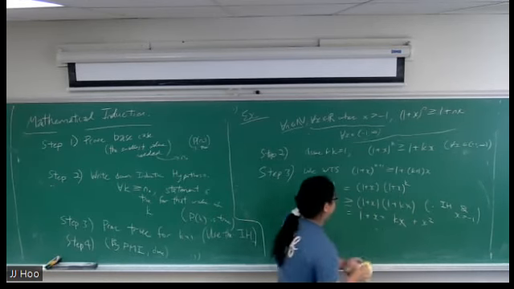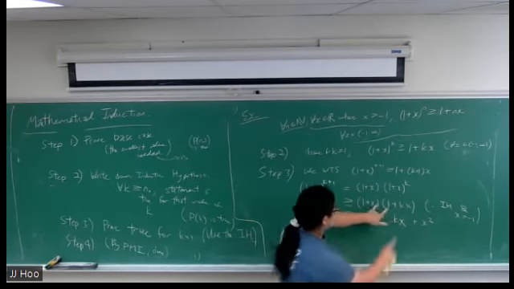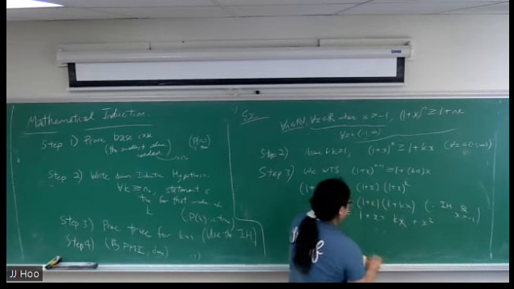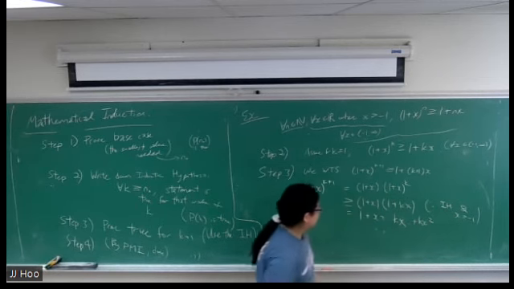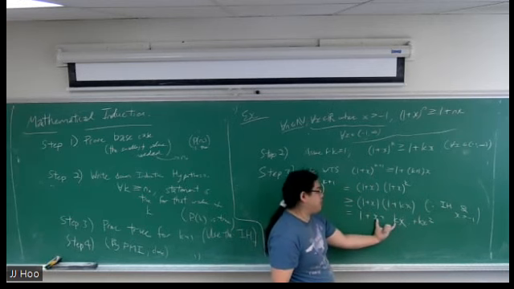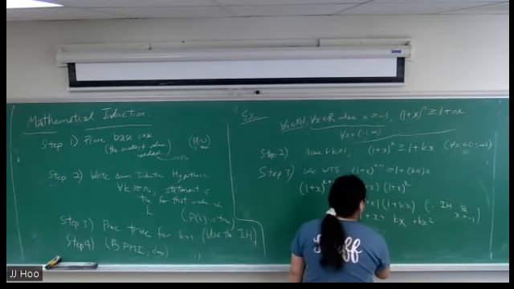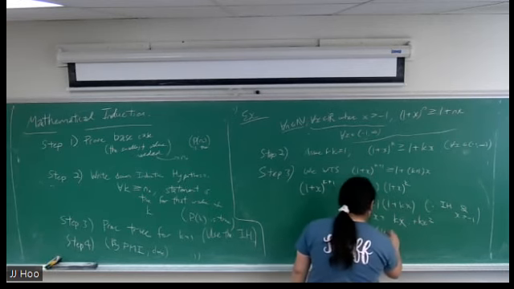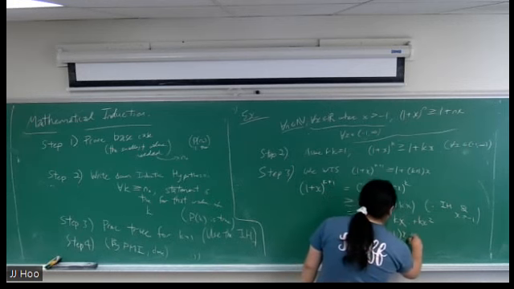So when I FOIL this out, I just get 1, x, kx, and kx squared. I have 1 plus x plus kx, so I can combine these two. This is what I was trying to do in my head; I'm ahead of myself.